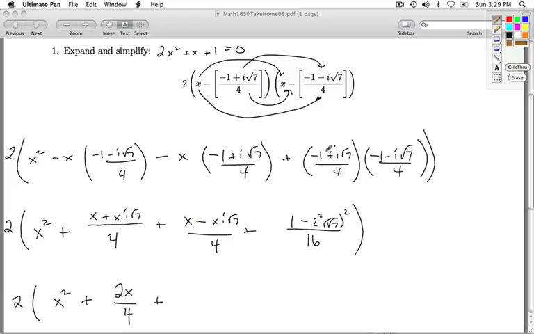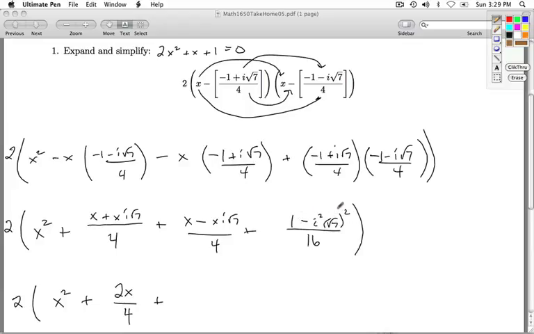Let's do this carefully again. Negative 1 times negative 1 is positive 1. Negative 1 times this is a positive i radical 7. This gives you the negative i radical 7. They cancel. A positive i radical 7 times a negative i radical 7 is a negative i squared radical 7 squared. So this really should be a negative here.